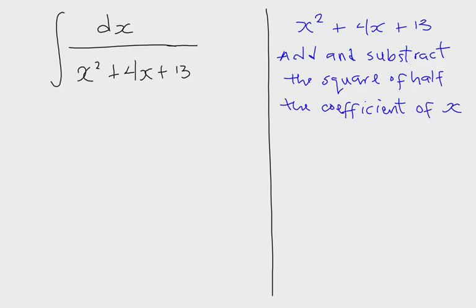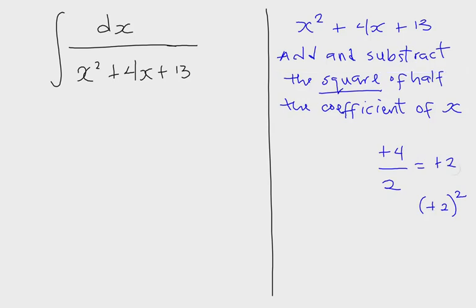Now, first, what's the coefficient of x? The coefficient of x is plus 4. Half of that coefficient is plus 2. So add and subtract the square of it, which is 2 squared.